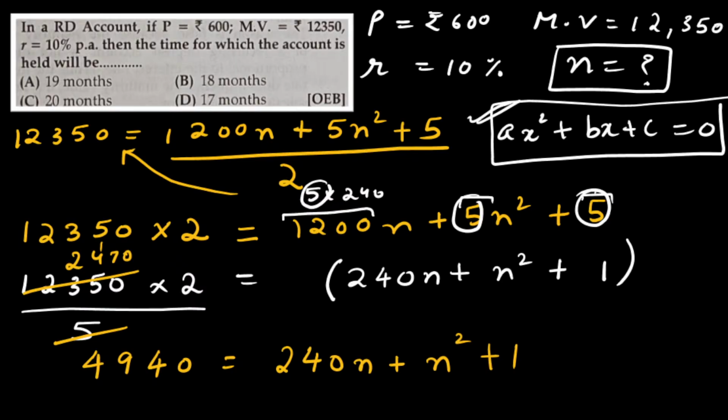Yes, so I hope it's correct. Now let's shift this also to this side because we have to convert into the standard form of quadratic equation; only then will we be able to solve it. If I shift this to this side, this side will be 0, nothing is there. So first of all, let's write the n square term.